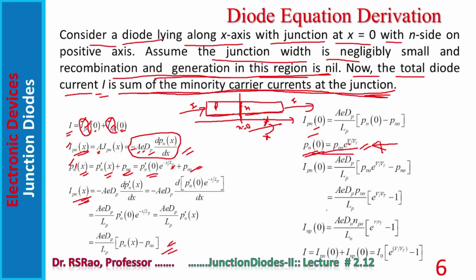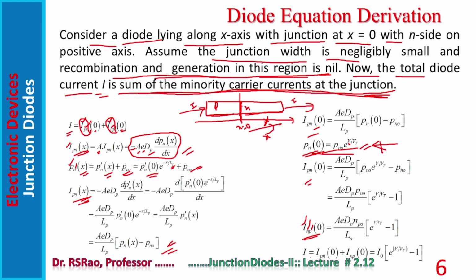In the same way, one can write the relation for INP(0). INP(0) means current in amperes due to electrons on p side, minority carrier current on p side at the junction, equal to A e Dn Np0/Ln (e^(V/Vt) minus 1).